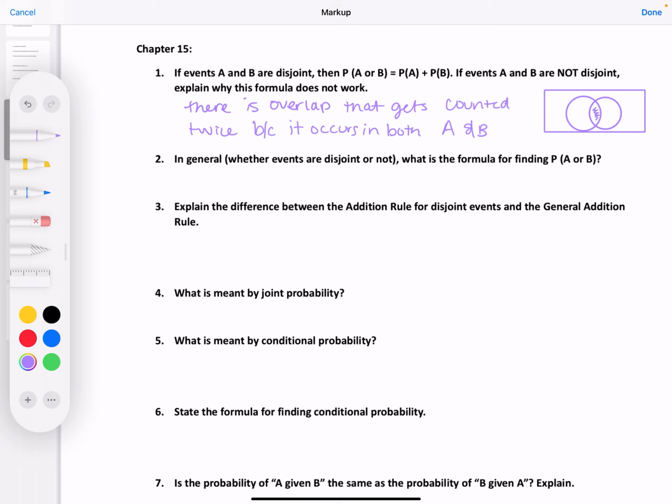In general, whether events are disjoint or not, what is the formula for finding the probability of A or B? Do you remember what that is?